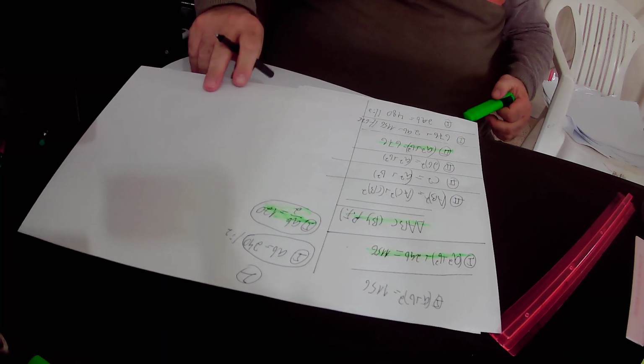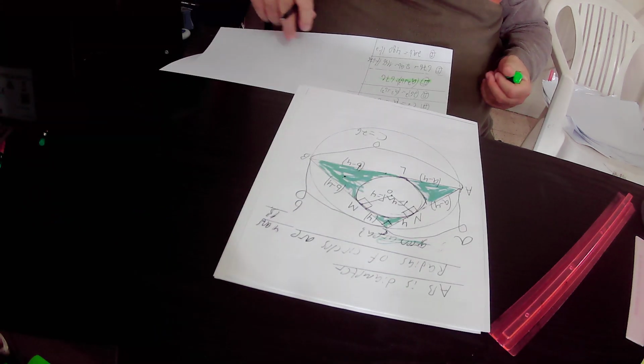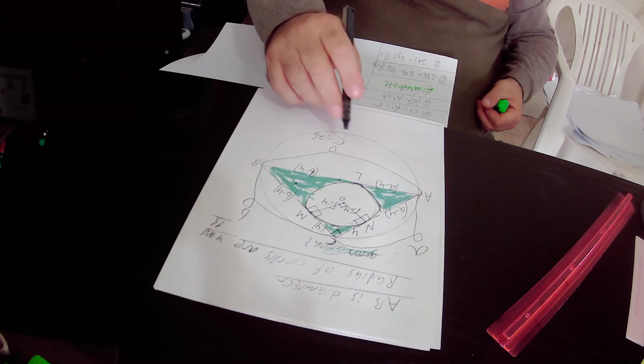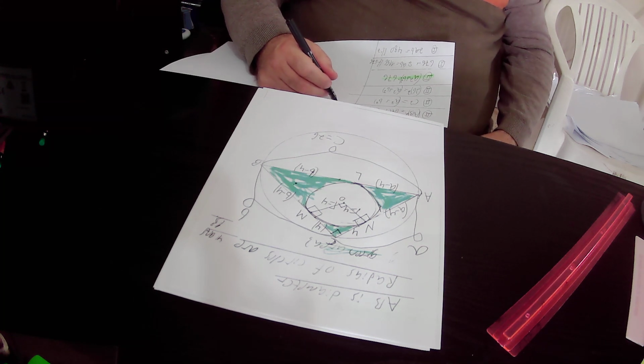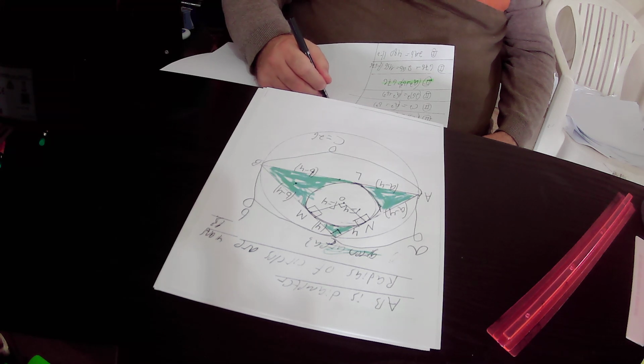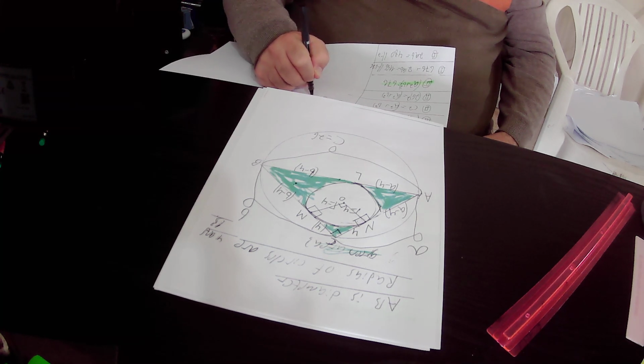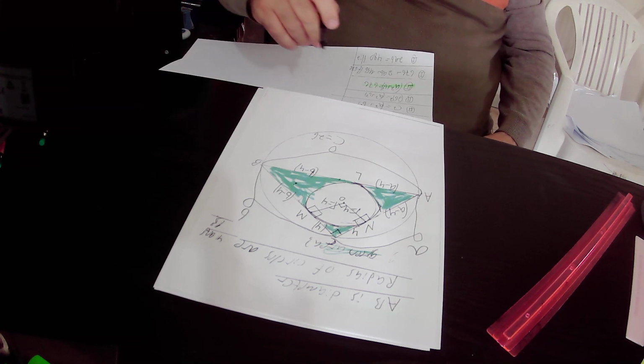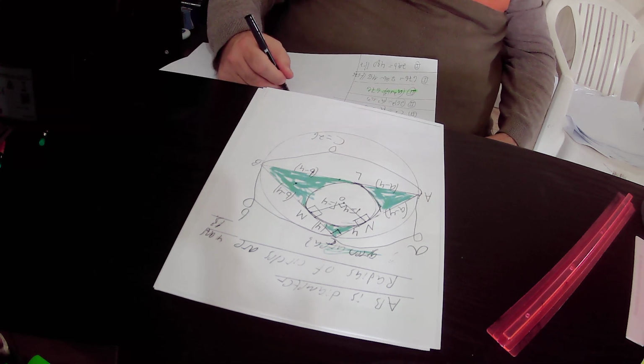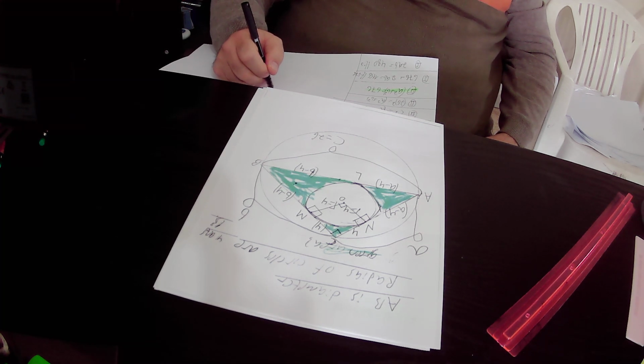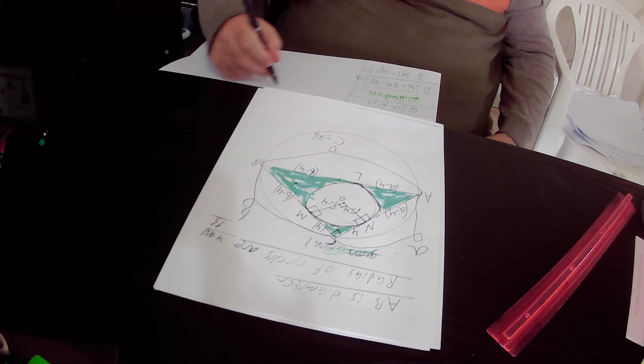But what is the area of the blue shape? It is very easy to see from the drawing that the area of the blue shape equals the area of triangle ABC minus the area of the small circle.